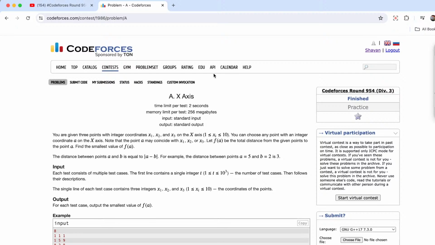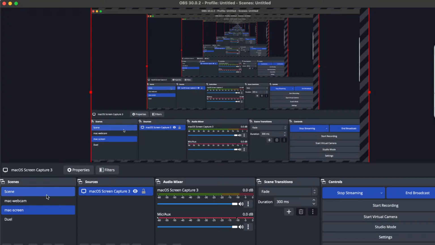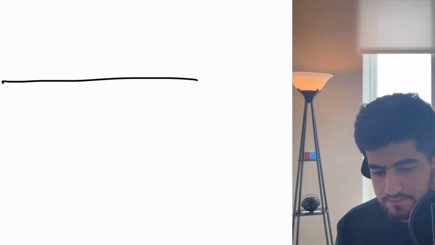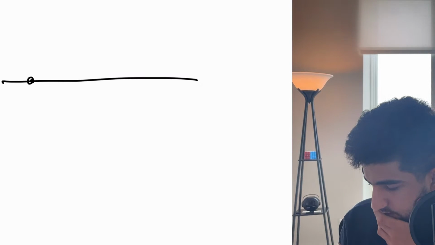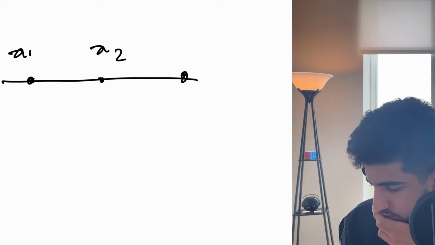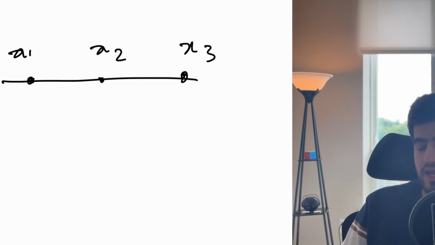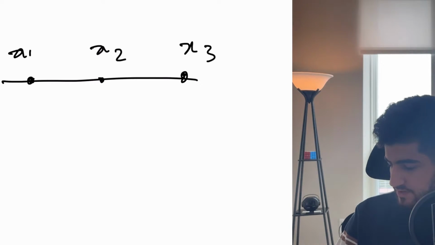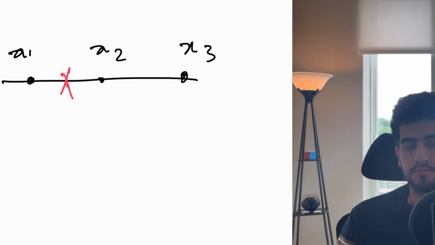Okay, so basically what we want to do in here is that we have 3 points like this: x1, x2, and x3. We want to choose a point like a so that the sum of distances from a will be minimized.